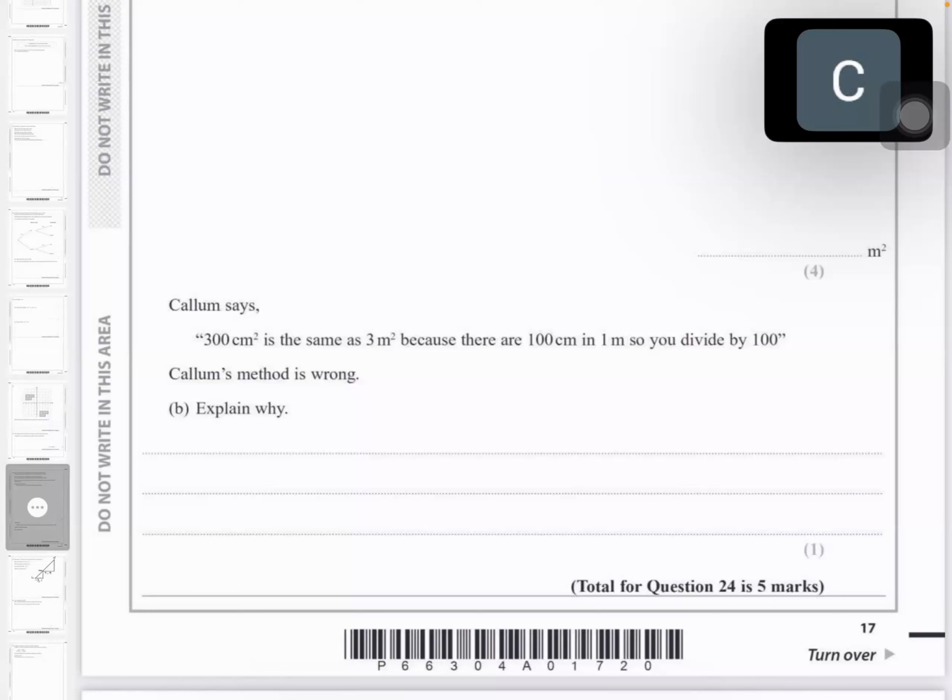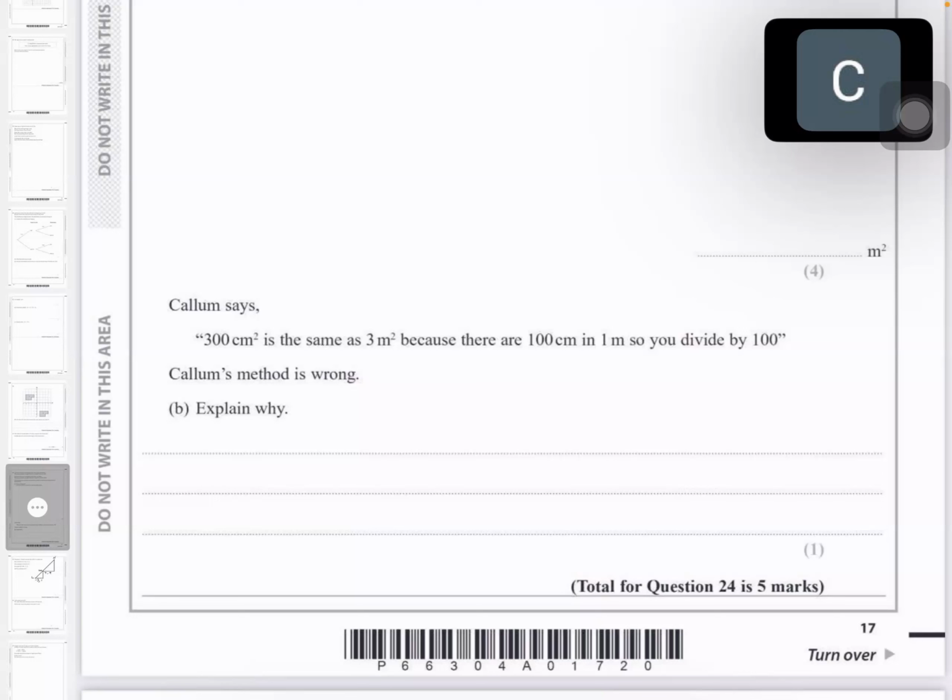So that would have been 100 times what? 100. Did you get that? Yes. Now, what Callum is saying is very faulty because 100 times 100 is going to give us, what's 100 times 100? 30,000, right?